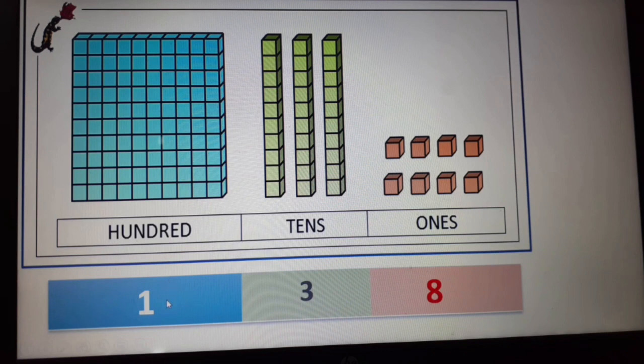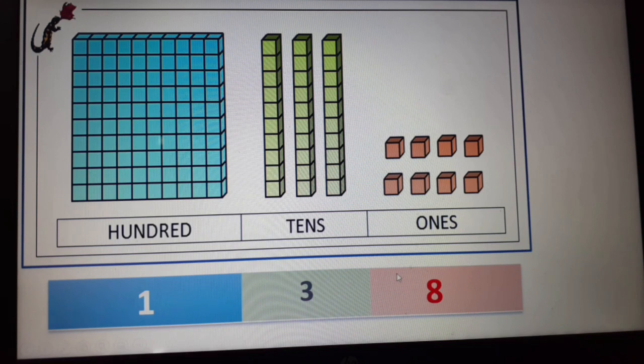In the hundreds column, 1. In the tens column, the digit is 3, and in the ones column the digit is 8. So if we say in a number, 1 hundred 3 tens 8 ones, we can tell it as 138.